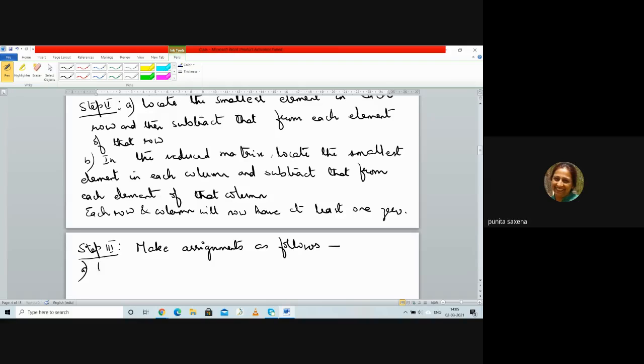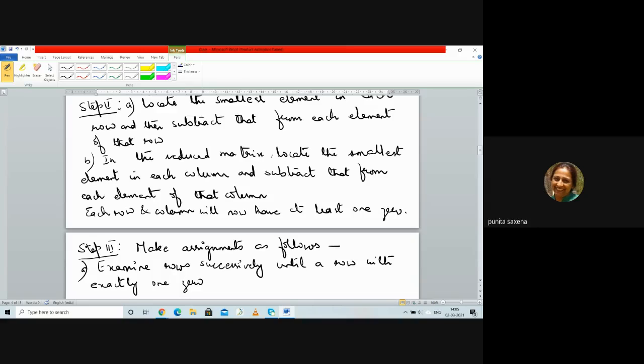So first, we examine rows successively, I mean, one after the other, we keep on examining until we find a row with exactly one zero. I mean, this could happen in the first row itself.